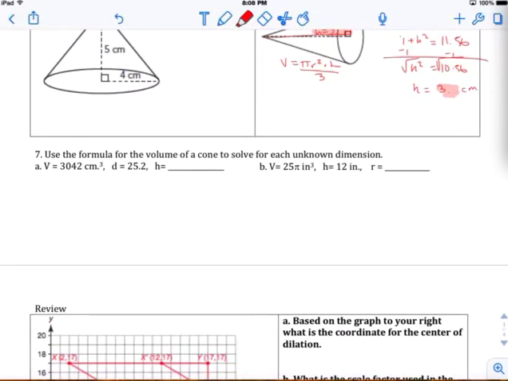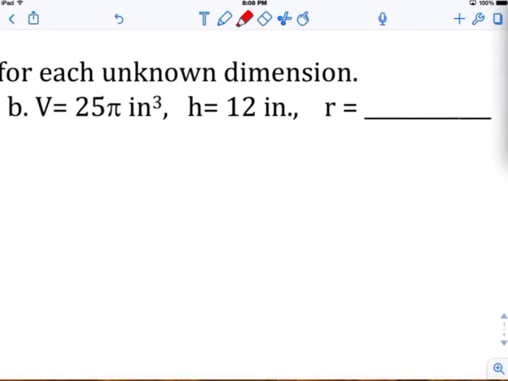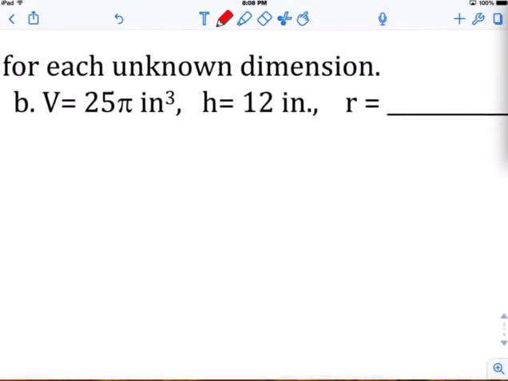Okay, so I think I went briefly over number 7a, so I'll go over number 7b. Volume is, oh, they want you to leave it like that. Volume equals pi r squared times h.